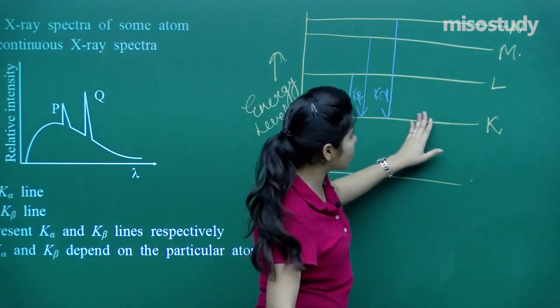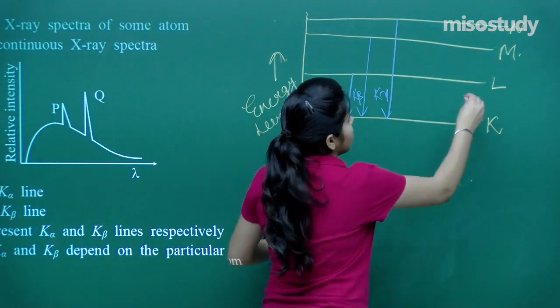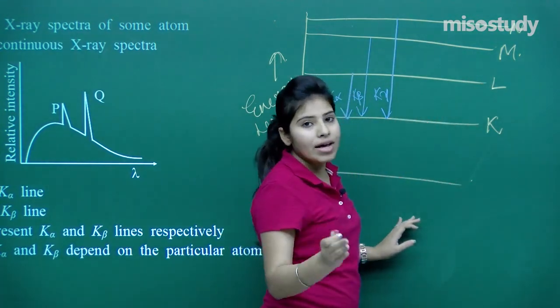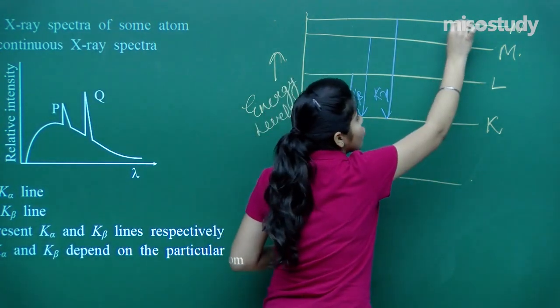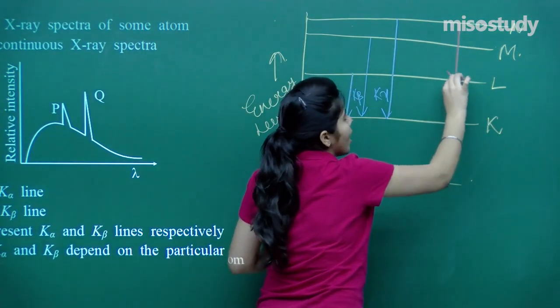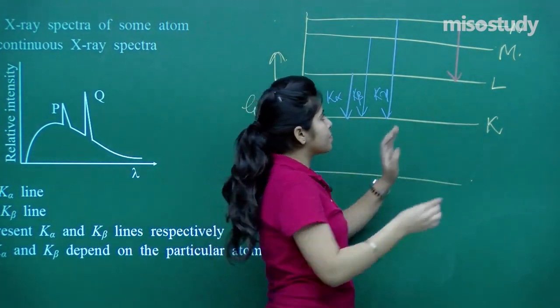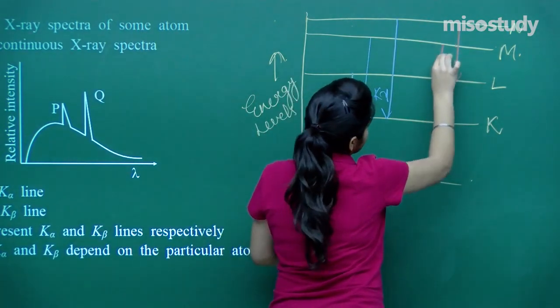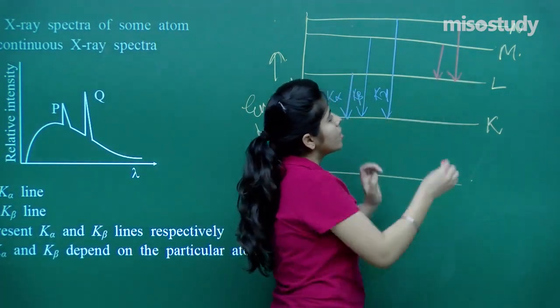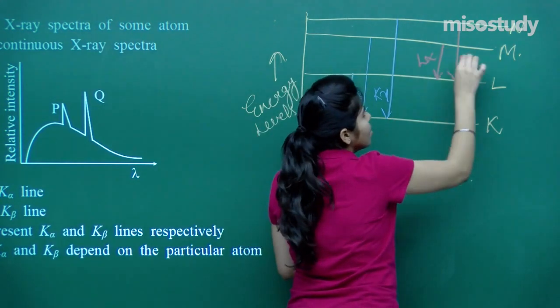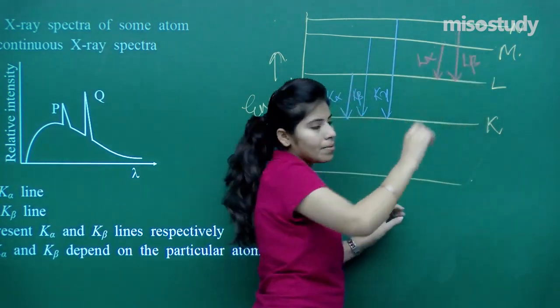Similarly, for the L alpha and L beta lines, if it is coming from any higher energy level to the L shell, that will be your L alpha line. So here this will be L alpha, this will be L beta.